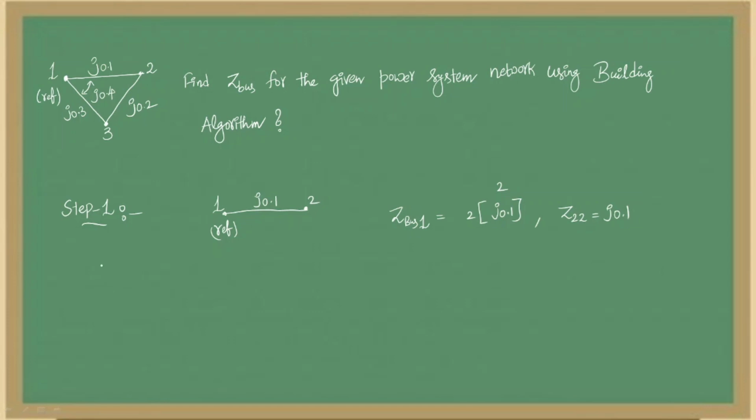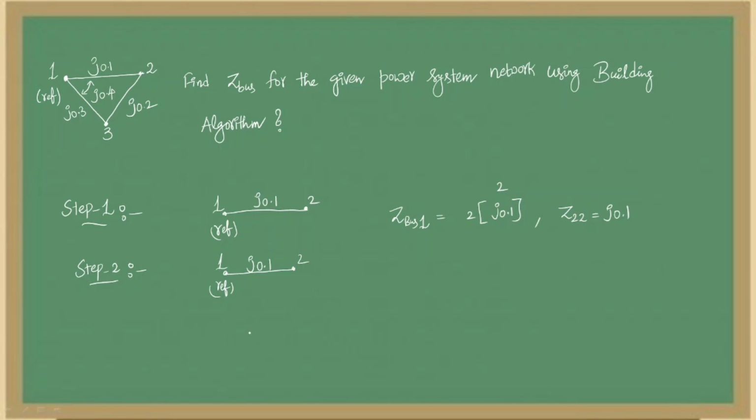Next, in the second step, I want to add one more element to the already available partial network. So this is the already available partial network, 1, 2, and it is a reference, and this impedance is j0.1 per unit. As the units are not given, you can consider them as per units.